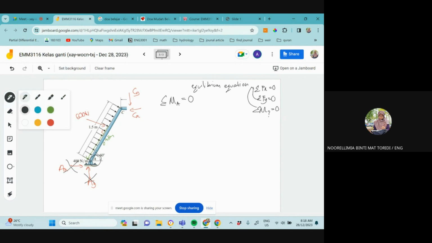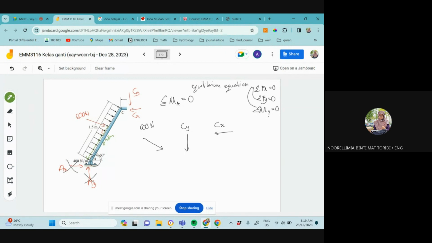So we have 600 Newton, and this is the force. Then we have CY, which is the direction of the force, and then we have CX like this.